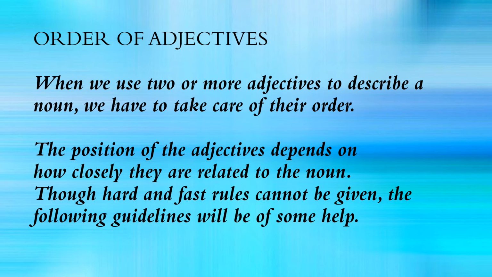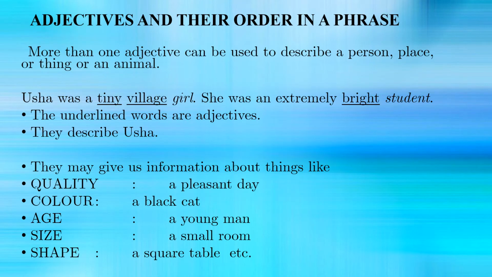Though there is no such hard and fast rule, the following guidelines can be really helpful. More than one adjective can be used to describe the noun. What is the noun? A person, place, thing, or an animal. So, today let us learn adjectives and their order in a phrase.